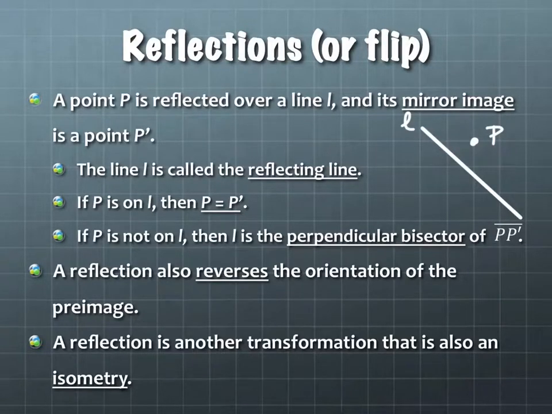If P is reflected over line L, it would be reflected to approximately here. And what this is talking about is that if you were to connect P and P prime, they would happen at a perpendicular or a right angle here, and it would be halfway in between. So the distance here would be the same as the distance here, if it were drawn well.